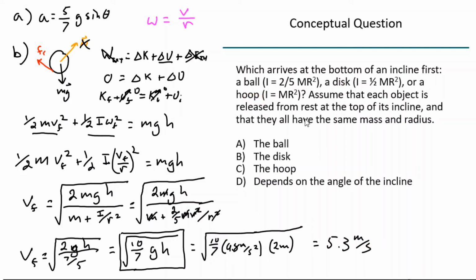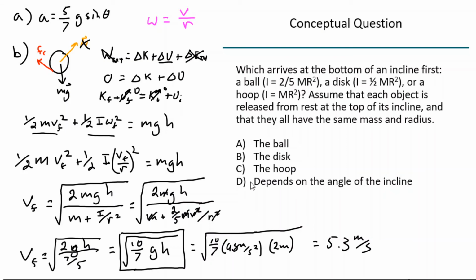Assume that each object is released from rest at the top of its incline and that they all have the same mass and radius. Okay, I've given you the moment of inertia for each of these objects here. So go ahead and think about what your answer is. Does the ball, the disc, or the hoop reach the bottom first, or does it depend on the angle of the incline? Pause the video, think about it for a minute, and come back when you think you have an answer.